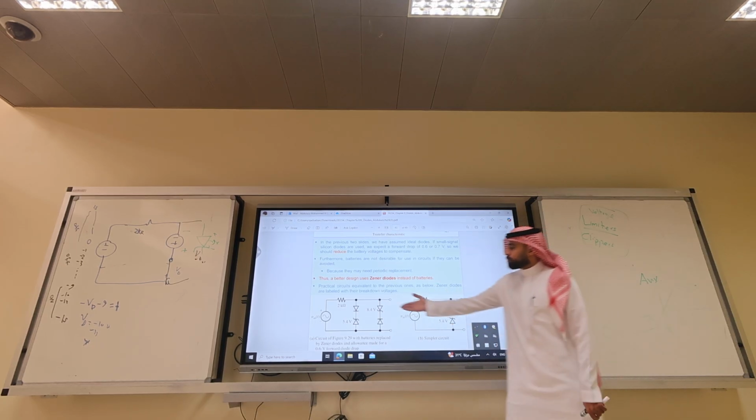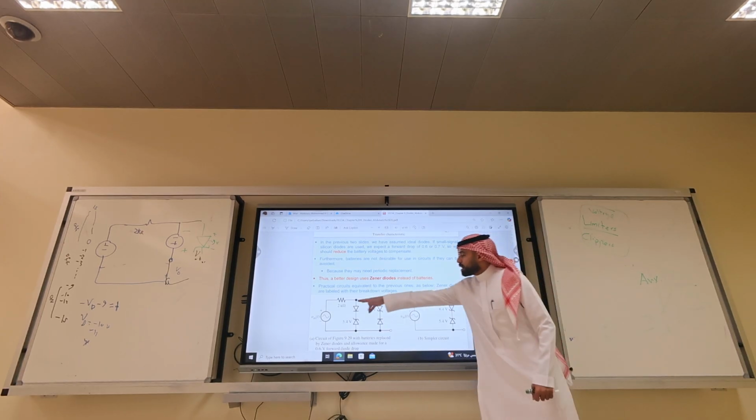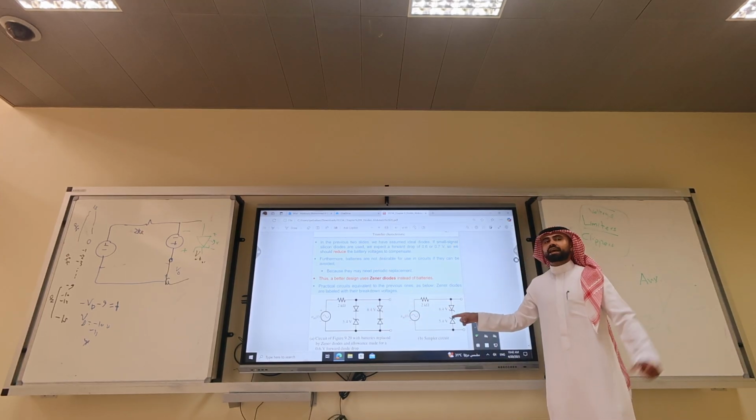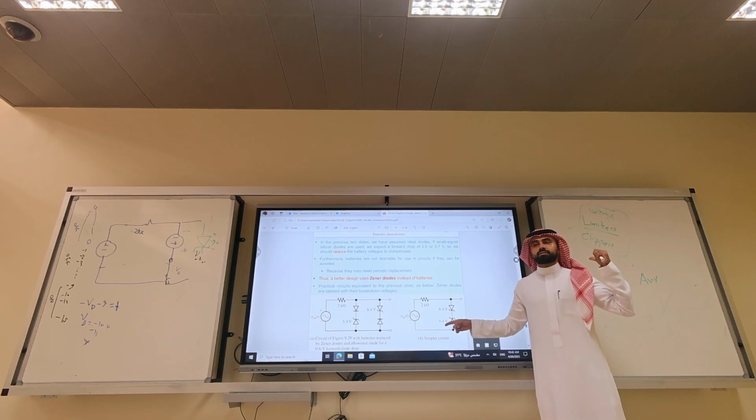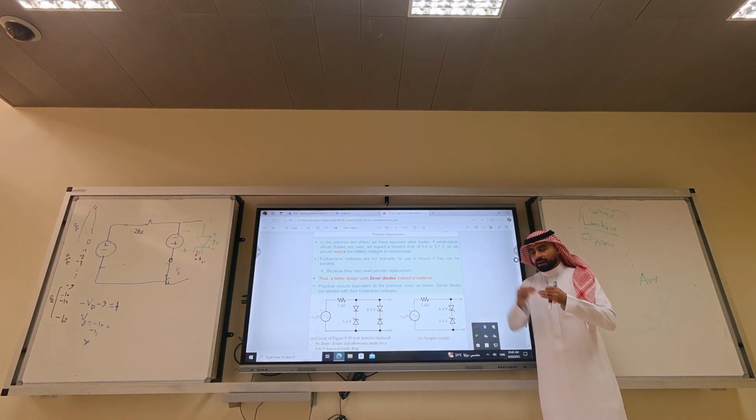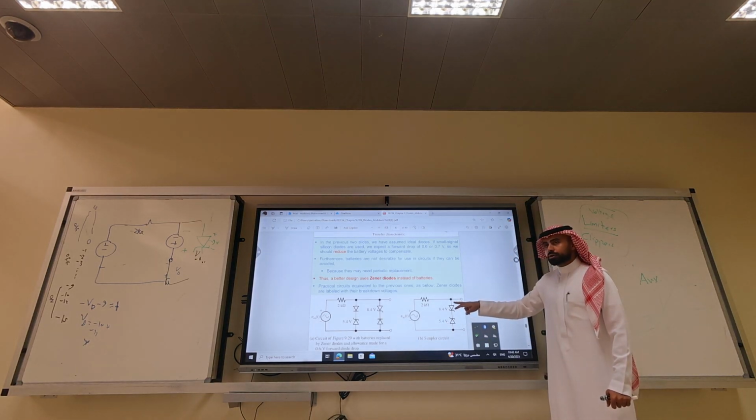Not only that, why are we wasting our money on two diodes? Why not have the circuit that I explained at the beginning of the lecture? If the voltage is above 8.4, this Zener will be forward short circuit. This Zener will be reverse breakdown.